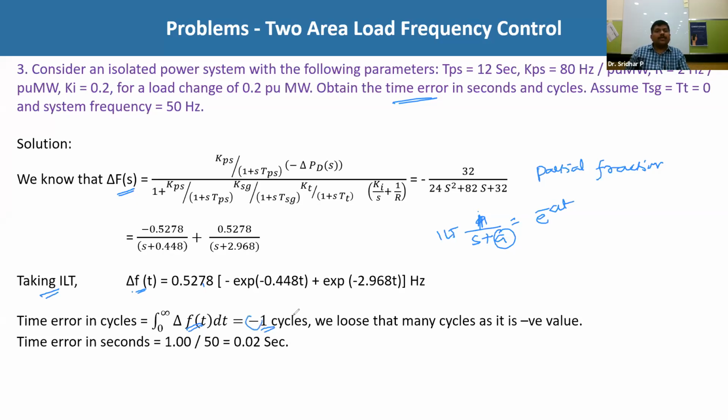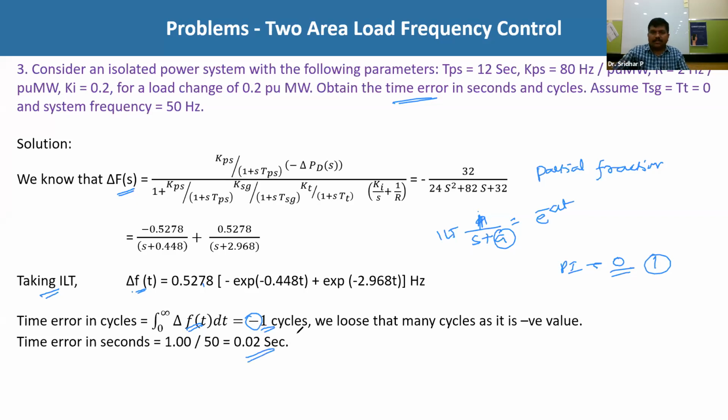We are going to lose one complete cycle, because the PI controller brings that error to 0, which means it has to cease some of the cycles. How many cycles are going to cease here? Only one cycle. So one cycle is nothing but how much? 20 milliseconds, that is nothing but 0.02 seconds.